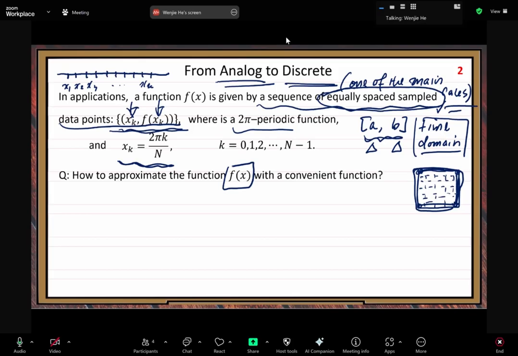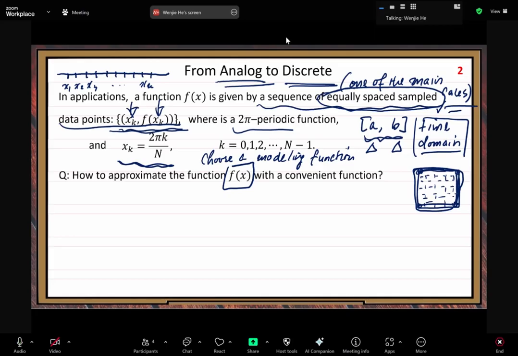So here we want to choose a modeling function, a convenient function, a nice function with good properties. So when we take derivatives and integrals, we can do it easily. So a convenient function.